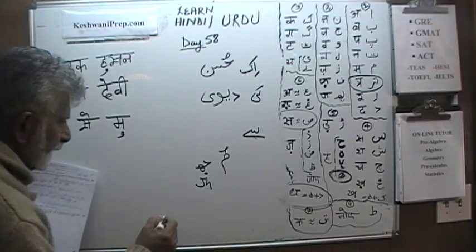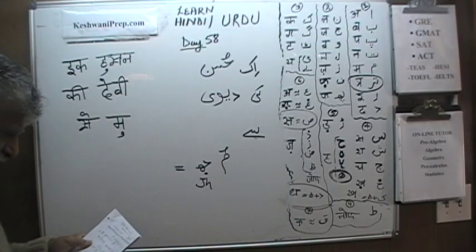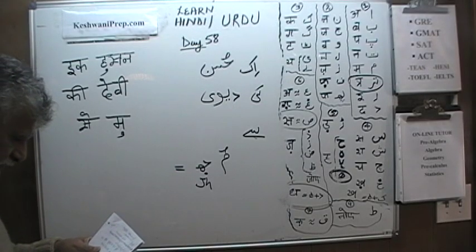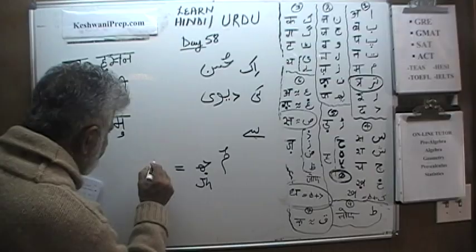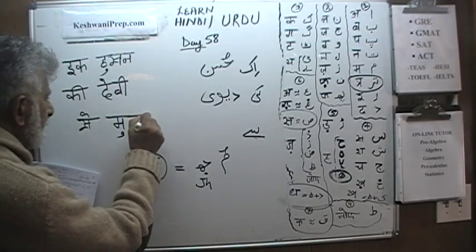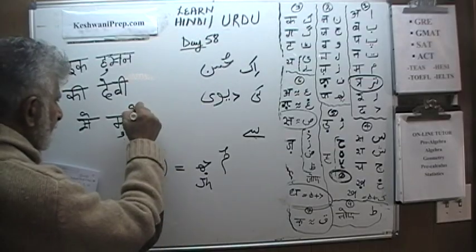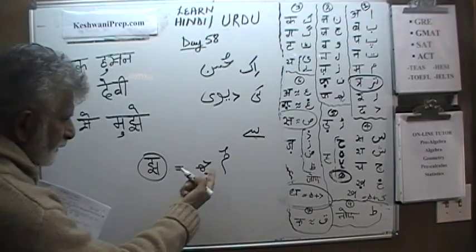In Hindi you have a letter obviously for J, and I have to remind myself how it is written. J. Right there. That's a J. This whole thing is a J. We don't need the J, we need J. Mujhe. Now we have to put it together.